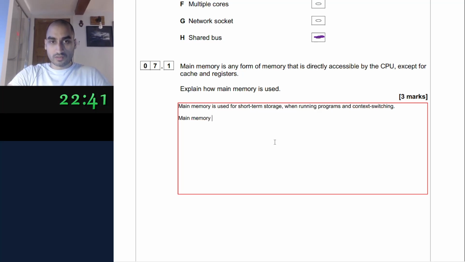Main memory is also used for long-term storage to store data, records, documents, etc. Important.